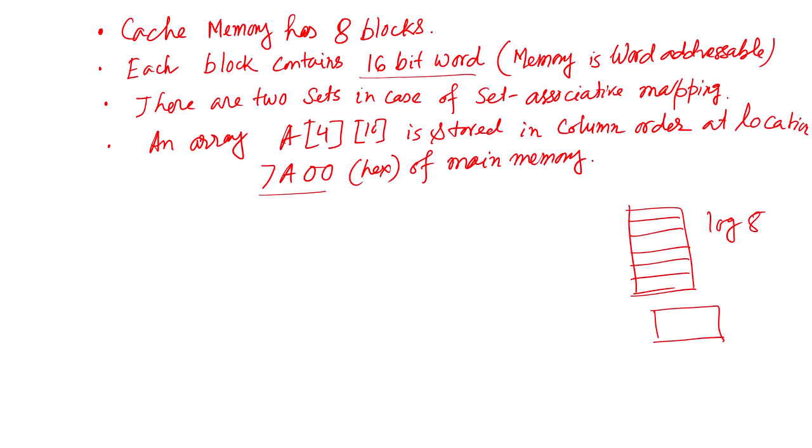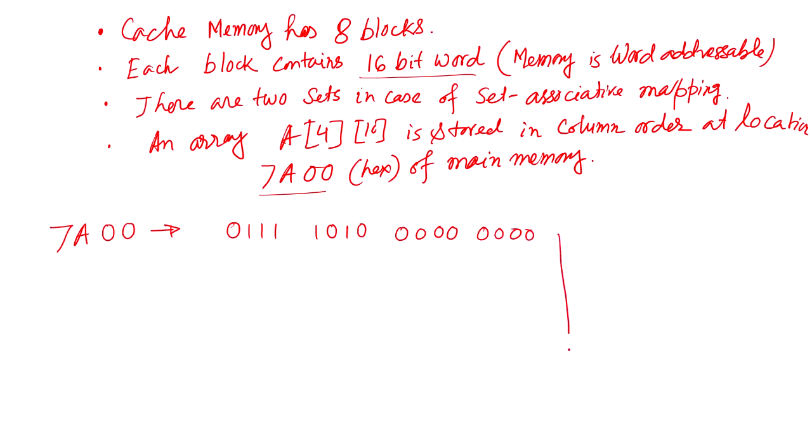Let us say the program starting location is 7A00. If you write it in binary, this will be 0111, then 1010, 0000 and then 0000.